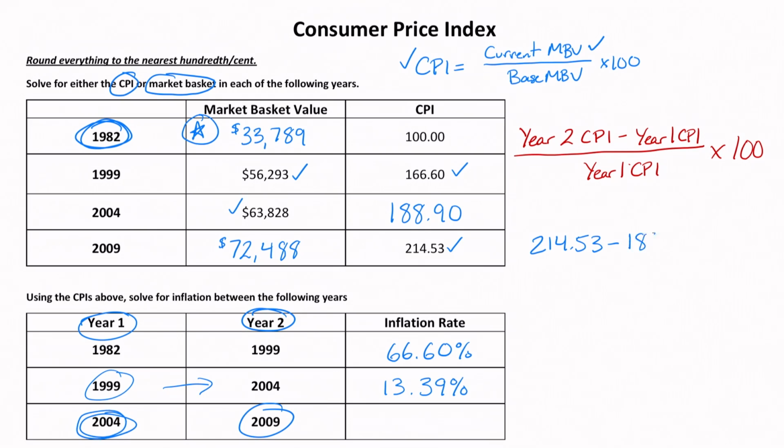So we do 188.90 divided by the year 1 CPI, 188.90 times 100. And what we end up with there is 13.57%. So we say in the following 5 years, prices increased by another 13.5%.